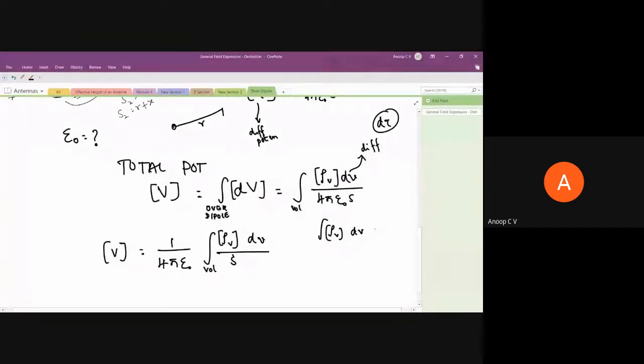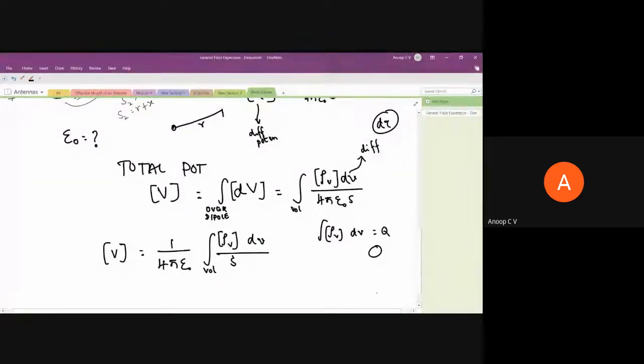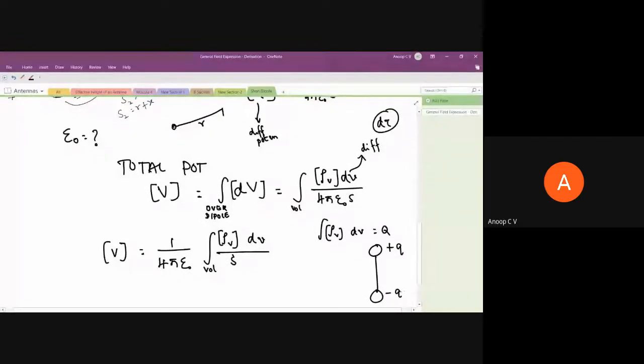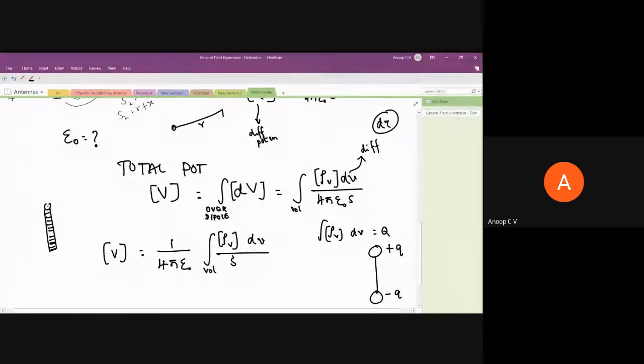Now, this volume integral of rho v dV would have given me the total charge. But equivalently we can represent it as plus Q and minus Q, which means if you are dividing this into many such small regions, charge is concentrated only on top.